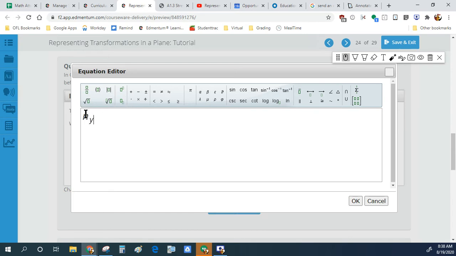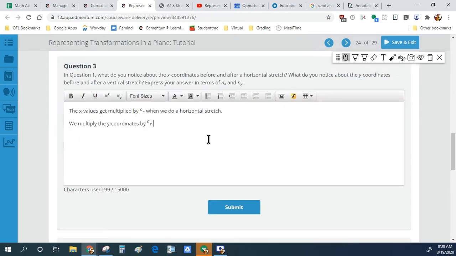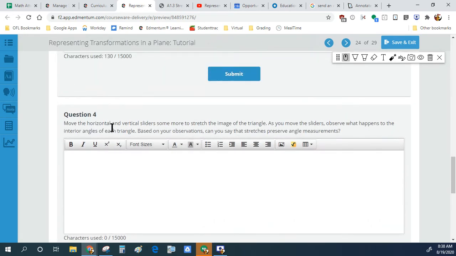This just lets me know that n is the number I'm multiplying, but I'm only multiplying it by the y values. So I'm multiplying the y coordinates by ny when we do a vertical stretch.